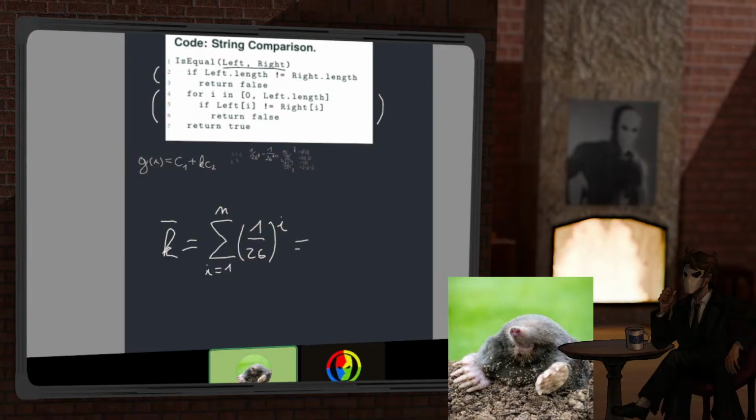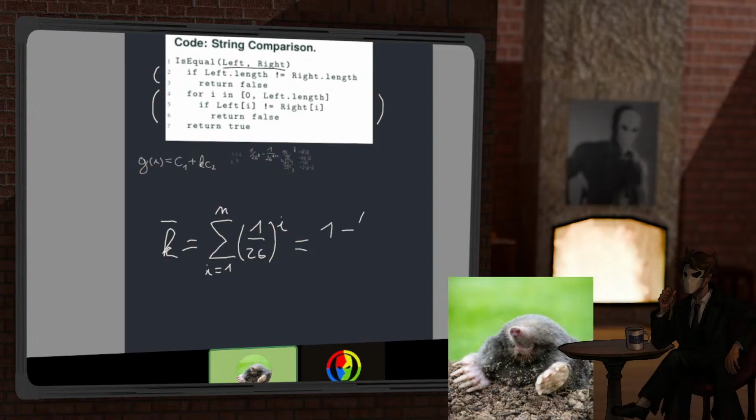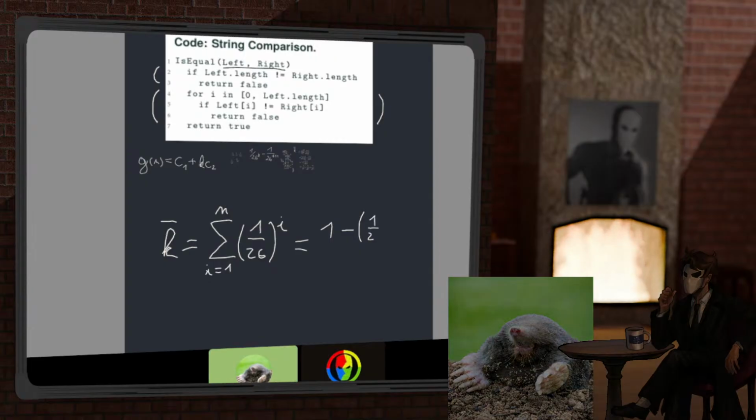This can actually be simplified to remove the summation by doing this.